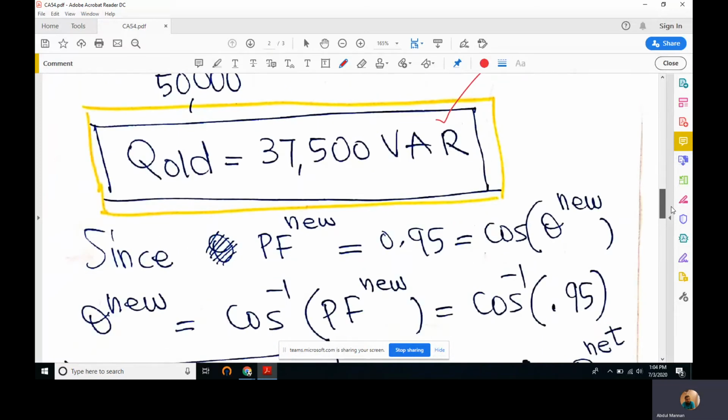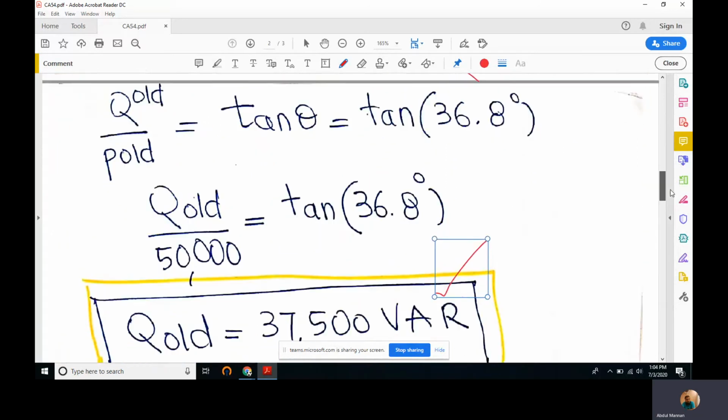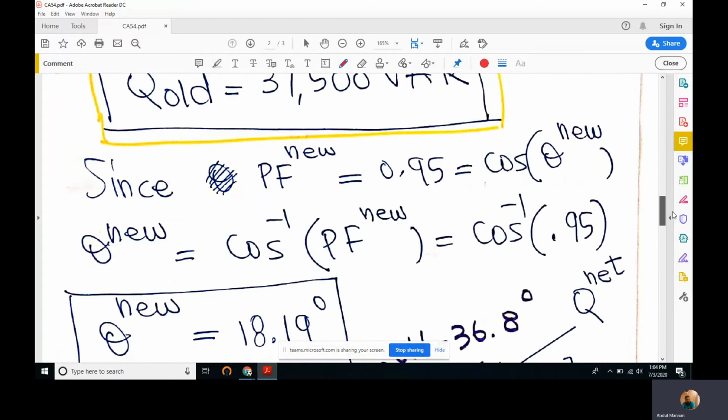After we have computed this old Q, and old P is already known, and we have computed this theta, we are now ready to compute new theta given the new power factor. The desired new power factor is 0.95.